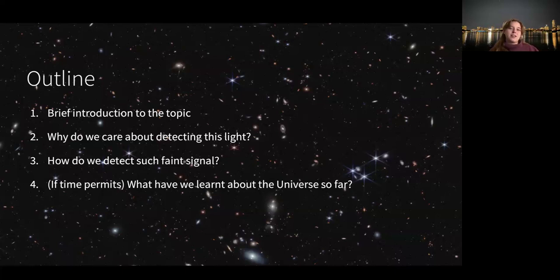In this section, I want to talk a little more about the James Webb Space Telescope, diving into the technology and what has made it possible to get such a good telescope operating. And then if time permits, I can conclude with a section on what we have learned so far from looking at these high redshift, these distant quasars.